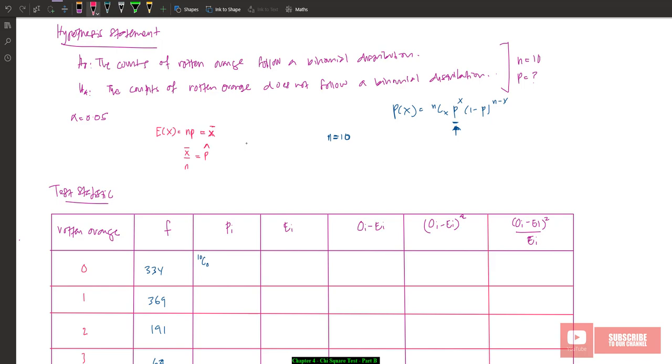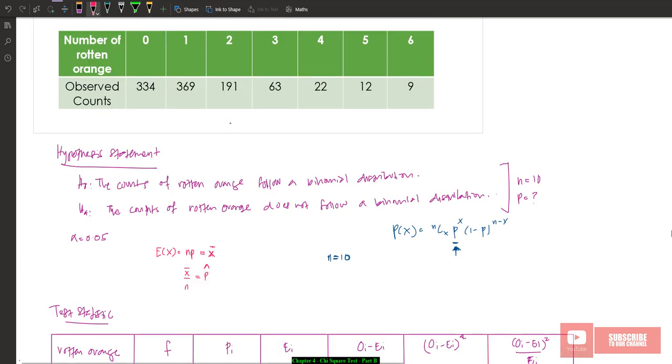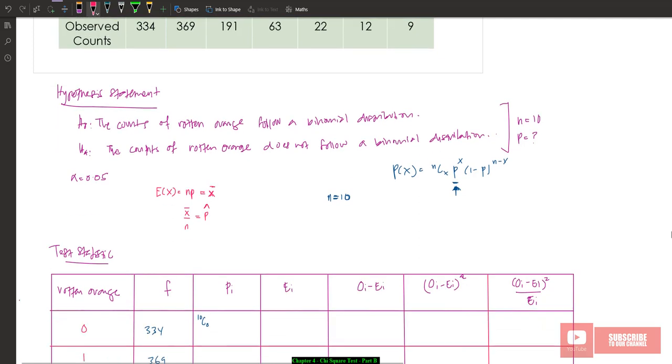If we convert it, if you try to match it with our frequency table, right? In the frequency table, mean is equal to summation of fx divided by summation of f. So this one should be equal to summation of fx divided by summation of f.